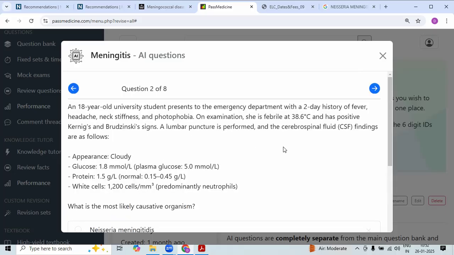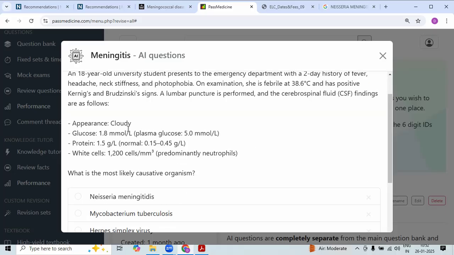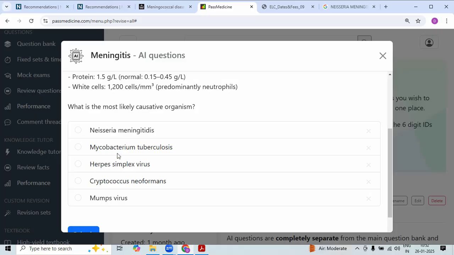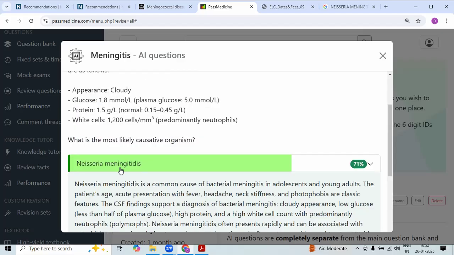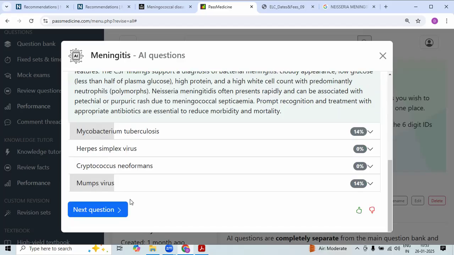So we're looking at something which is increased protein and neutrophil. So it's a bacterial meningitis. So it's most likely Neisseria because of the predominantly neutrophils. There's only one condition which should be in the highest list of you, that is bacterial meningitis. Rest of them will have lymphocytes.